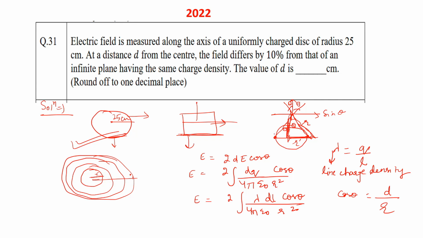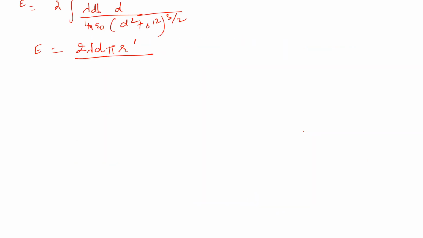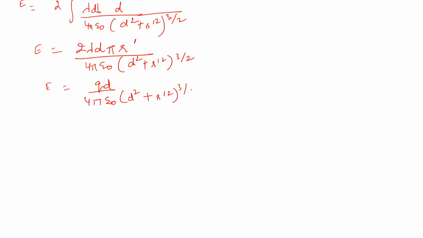That is why the length is pi r dash. If only one end would have been taken, then the length integration would be 2 pi r dash. So E is equal to Qd upon 4 pi epsilon naught, d square plus r dash square to the power 3 by 2.